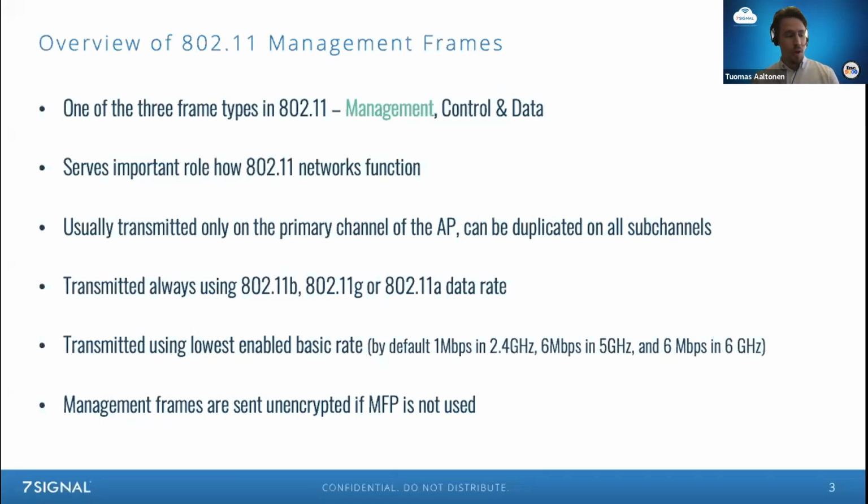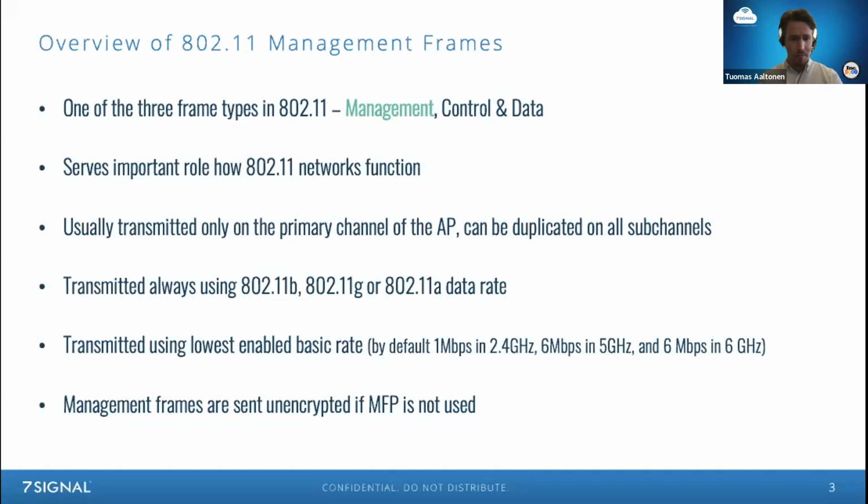All the clients should understand these legacy rates. Even the oldest, 20-year-old devices would understand 11B rates. That means if the management frames are sent with that rate, all stations, like clients and APs, can understand that.